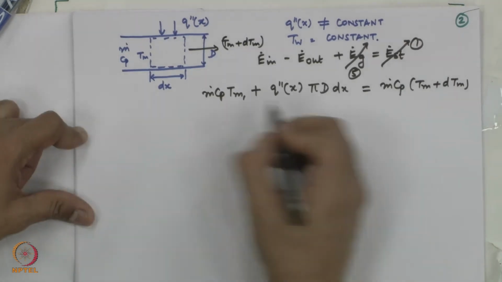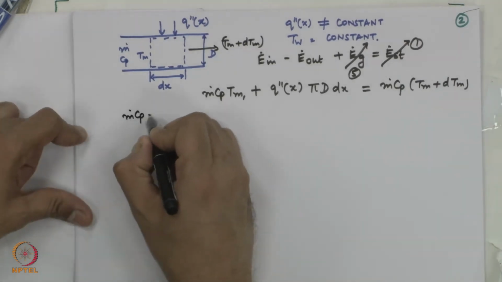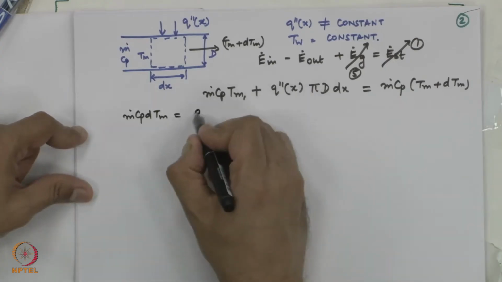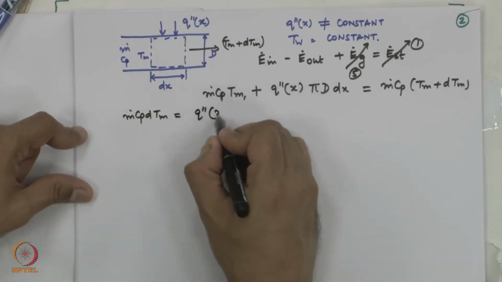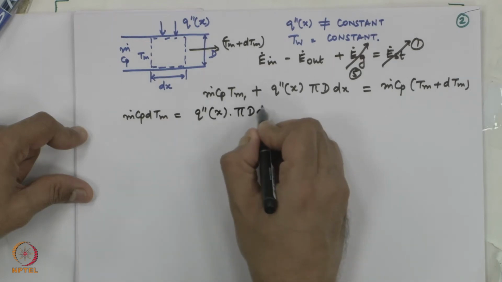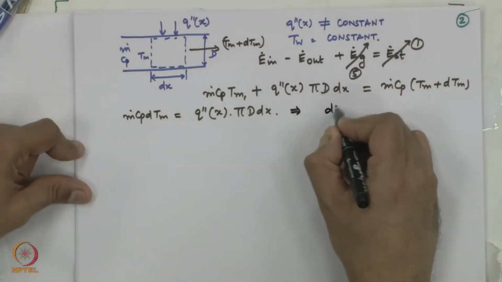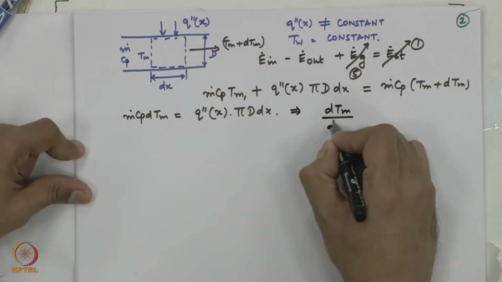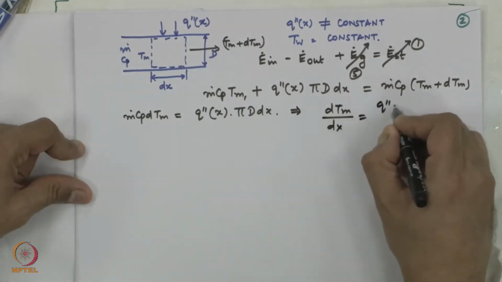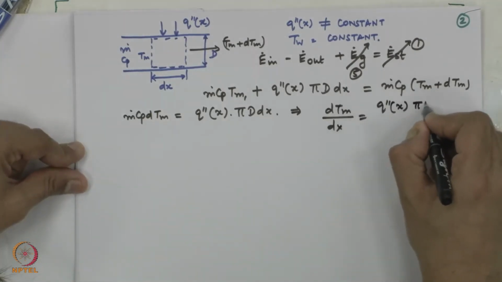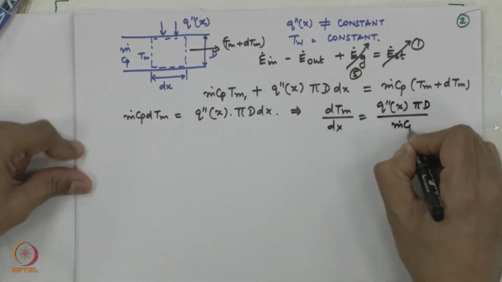So, if I segregate the variables, I get m dot Cp dTm is equal to q double prime local pi d dx, or if I make this a little more tractable, I get dTm by dx is equal to q double prime local, I continue to use this bracket as a function of x, divided by m dot Cp.